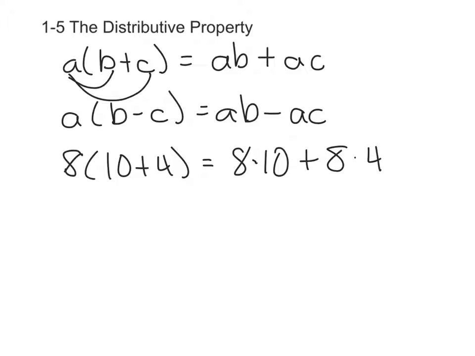Okay? 8 times 10 is 80, and 8 times 4 is 32, and so 80 plus 32 is 112. And you might be saying to yourself, well, why would I want to do that? Why would I not just go ahead and add 10 plus 4 and make it 14 and then do 8 times 14 instead of having to do two different numbers?